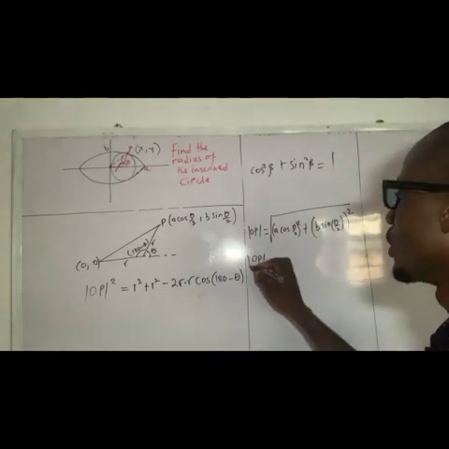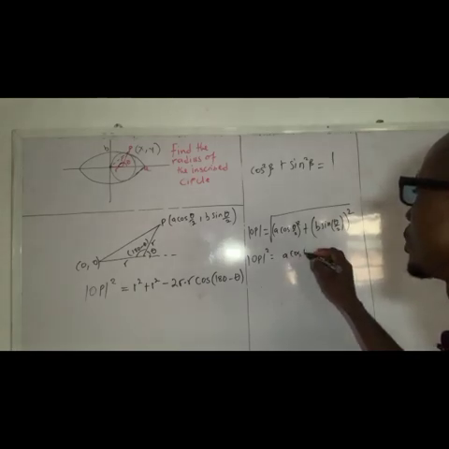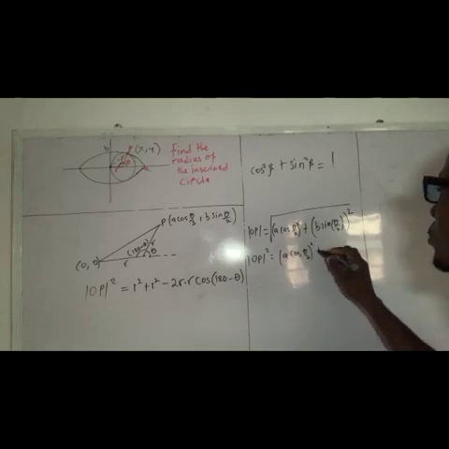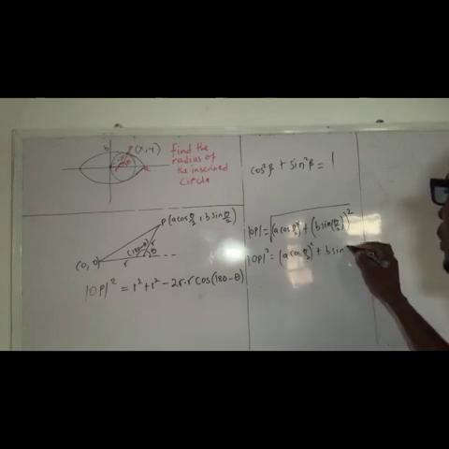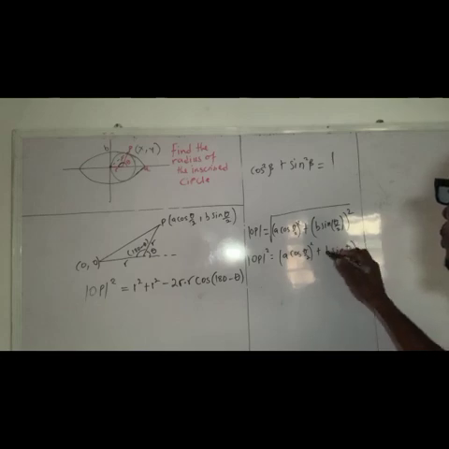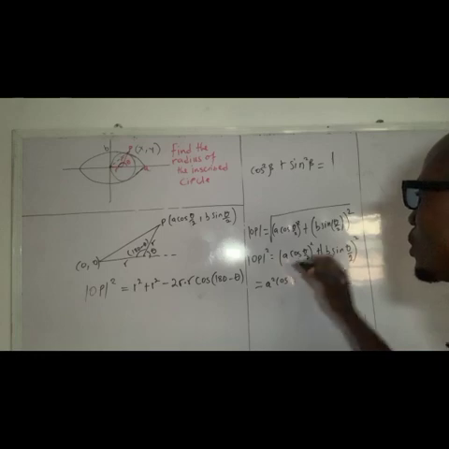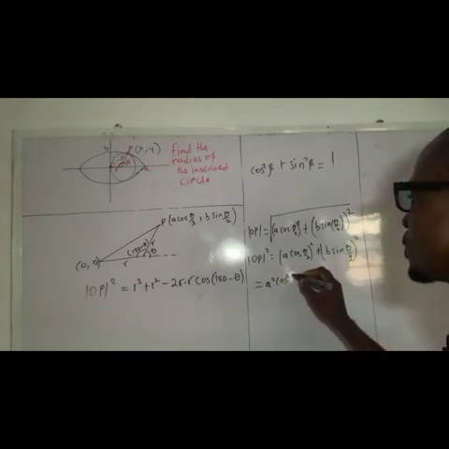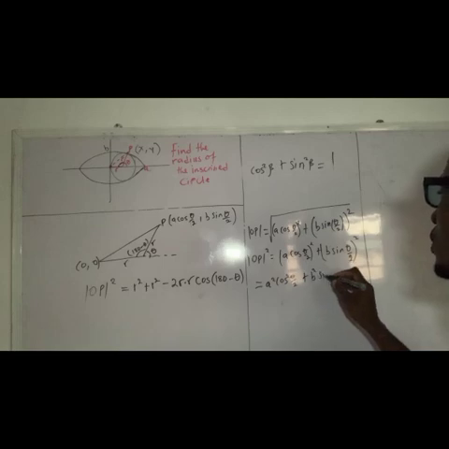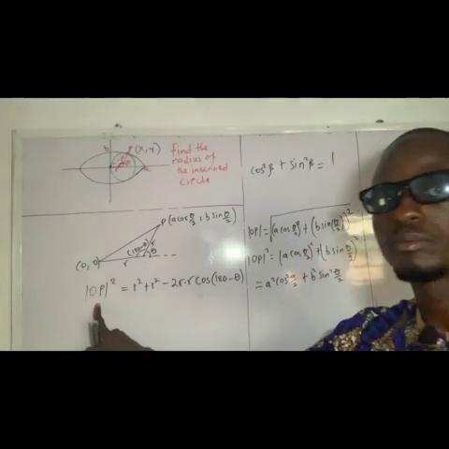So OP squared will be a cos theta over 2 squared plus b sine theta over 2 squared, which you could write as a squared cos squared theta over 2 plus b squared sine squared theta over 2. So we place it there.